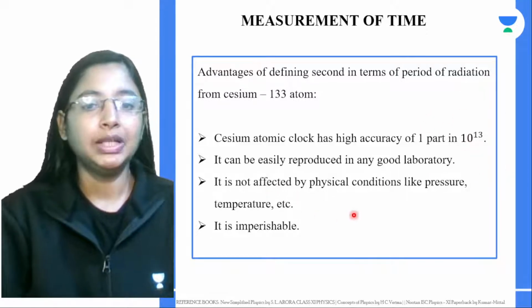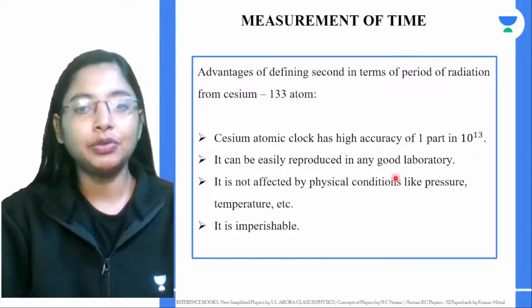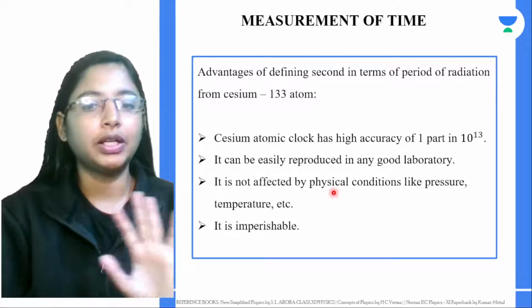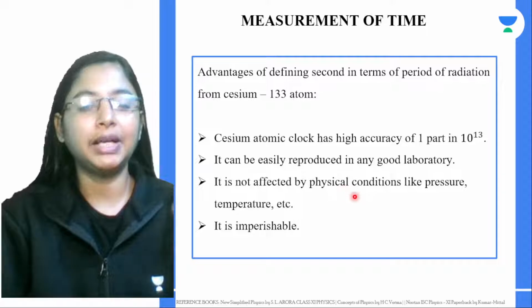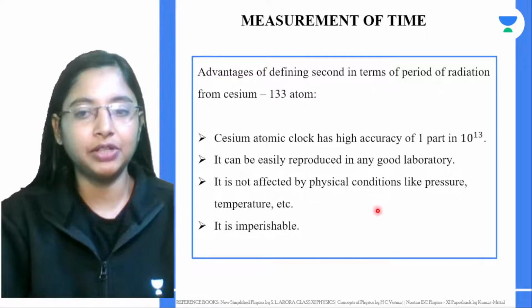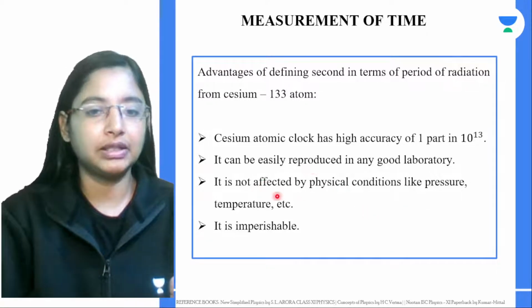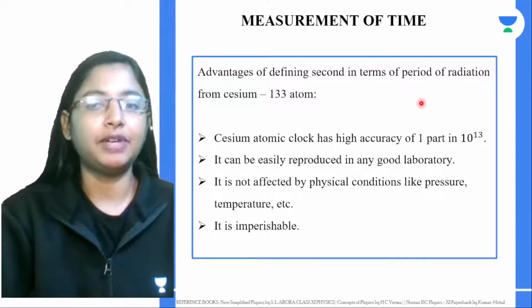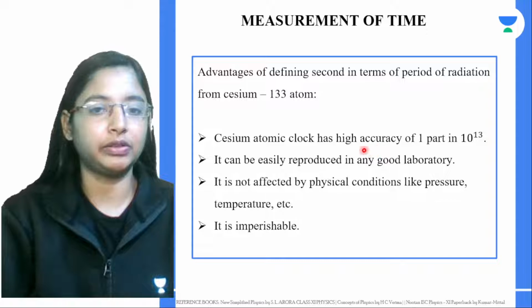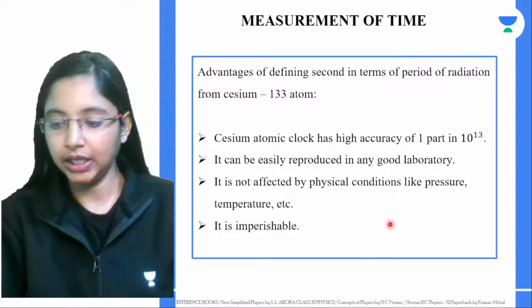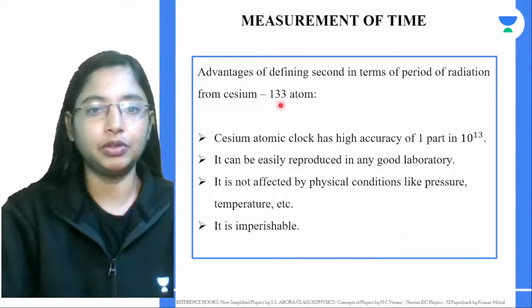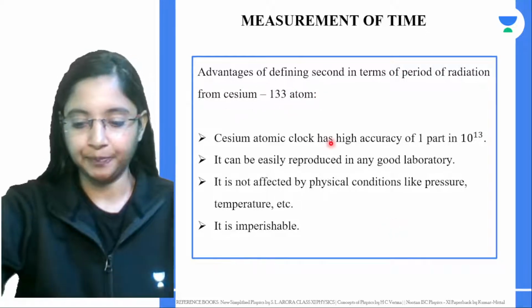This can also be easily reproduced in any good laboratory. And this particular clock is not affected by any physical condition like change in temperature or pressure. None of those affects this clock. And also it is imperishable. These are the advantages of using a cesium-133 atomic clock, and the advantages of defining the second in terms of the cesium-133 atom as well.